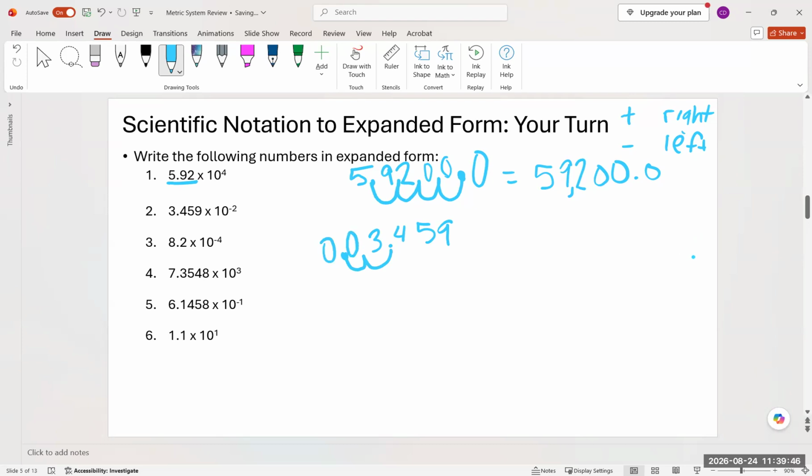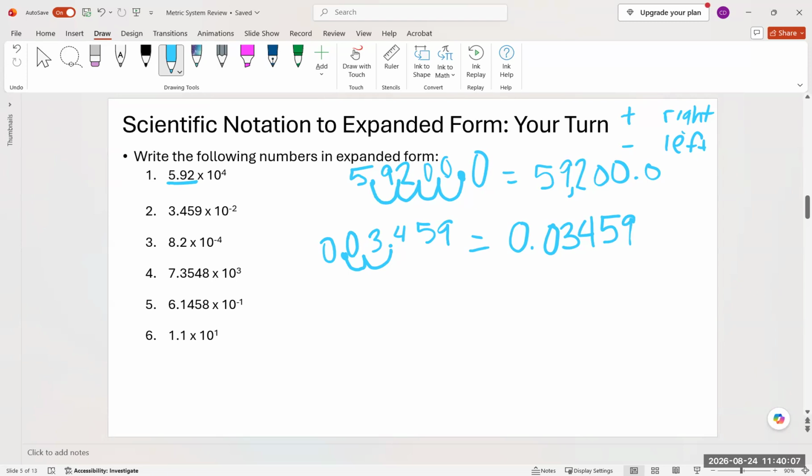Fill in that missing space. So 3.459 times 10 to the negative 2 is 0.03459. Now, in this case, you do want to put that 0 in front of the decimal. You never just want to have a decimal starting a number all by itself.